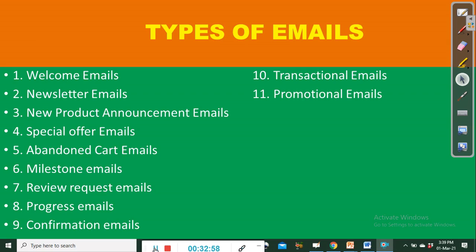Transactional emails are really very important. They are important in the sense that a transaction is the reason why an organization or an individual is in business in the first place.